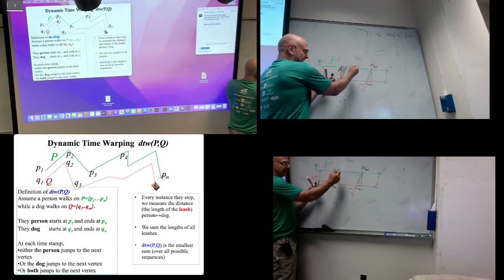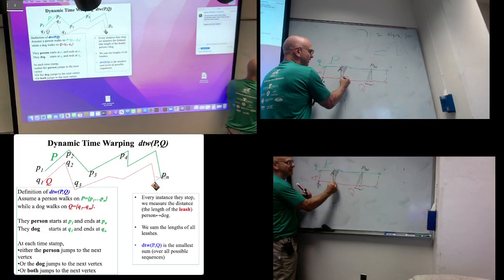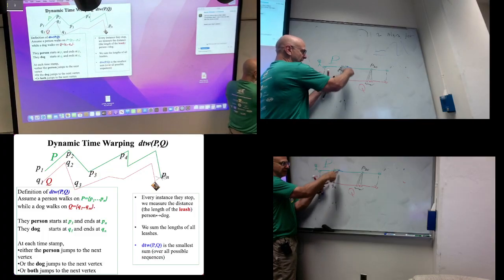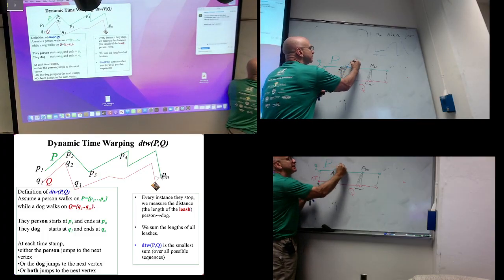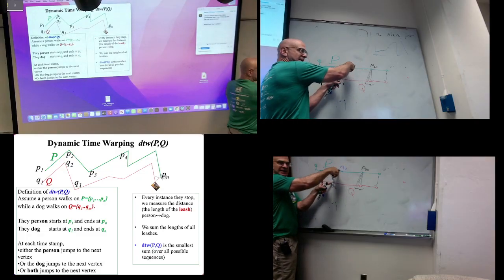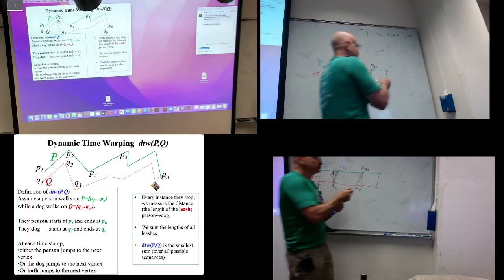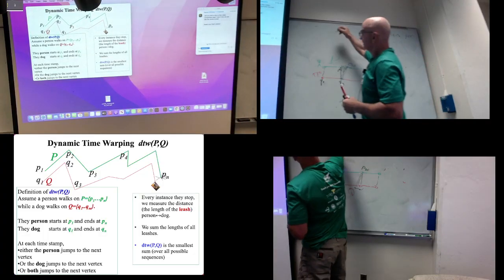I take a ruler and measure: if you're telling me that the dog was at Q2 when the person was at P17, I measure the distance between P17 and Q2.